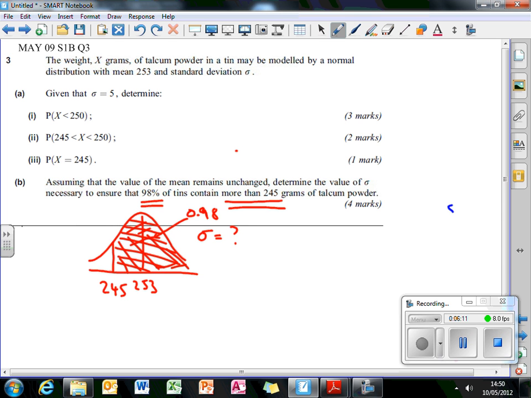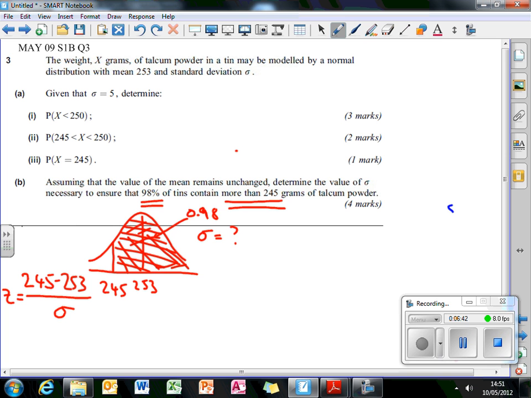Okay, so what's happened here is that when this 245 has been standardized, minus 253 over the standard deviation that I don't know, it's given us a z-score that would correspond to that area being 0.98. So that's what we need to look up. Now, if you look at the smaller of the two normal tables, again, it always gives you less than.